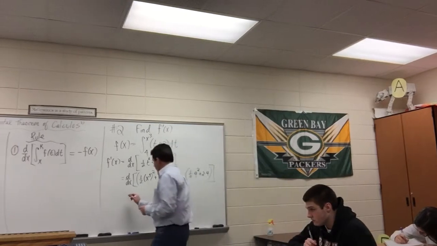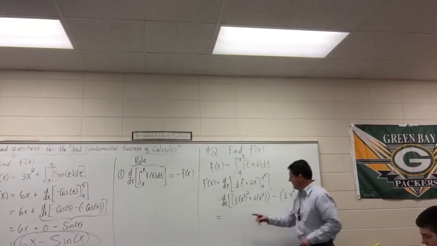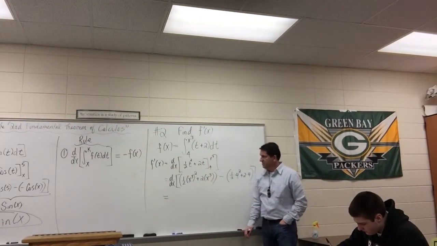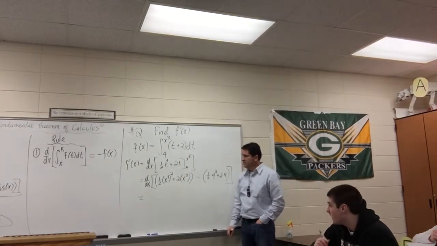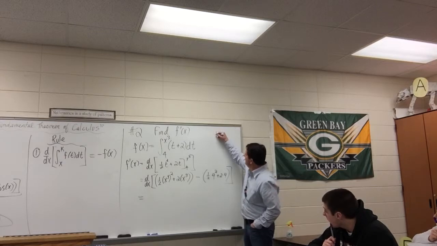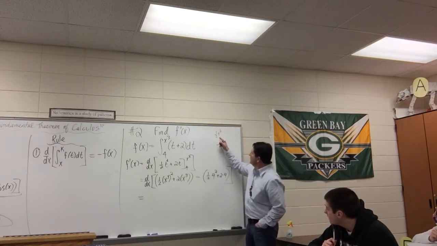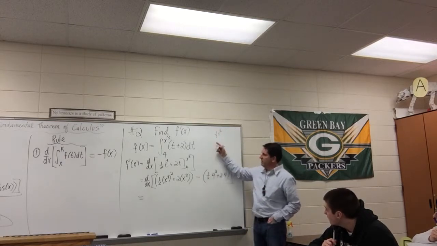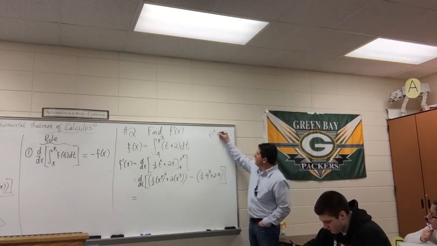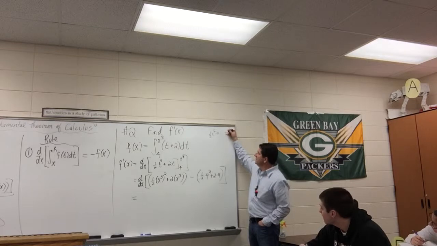All right, let's find the derivative. What's the derivative of 1/2 x cubed squared? Everybody agree that 1/2 x cubed squared is the same as this? So the derivative of this is 3x to the 5th.